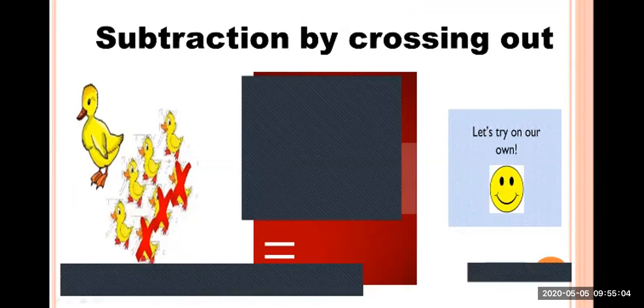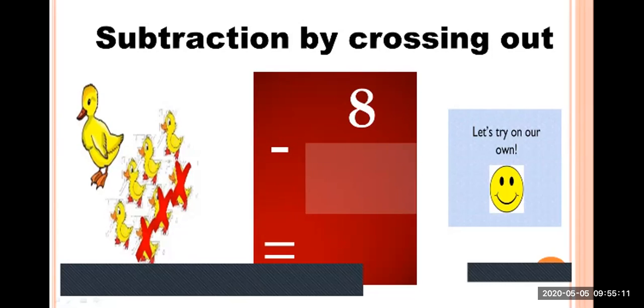I'm unmuting you. Are you getting my voice? Okay, Abdul Manan, look at this picture. Here are some chickens. They are 8 in number, but some have been crossed out. So you have to tell me 8 minus what? How many are crossed out? 3. So what will we write here?